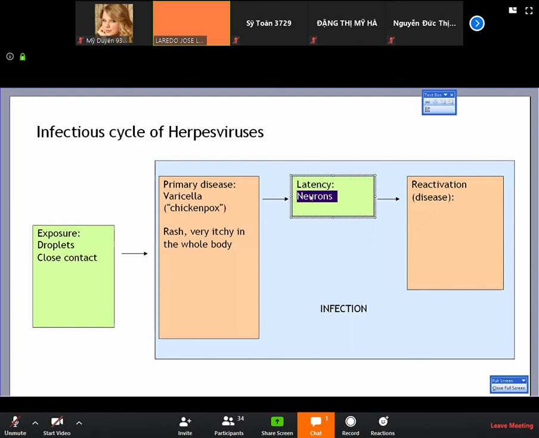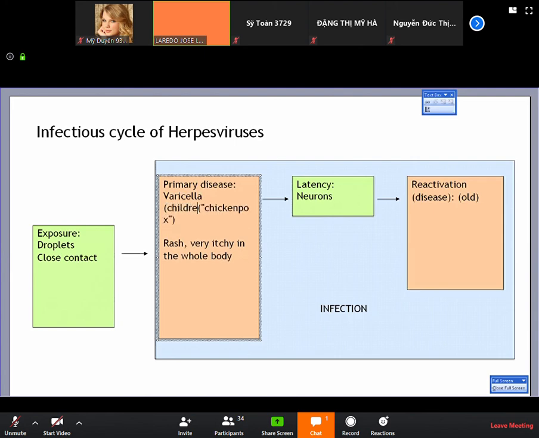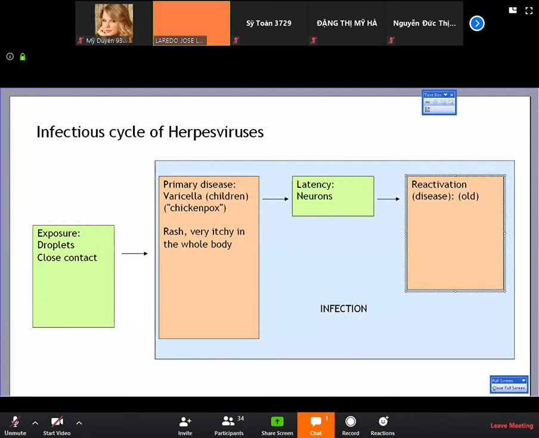The virus goes to the neurons and is latent inside the neurons. And some people, usually old people, because varicella is found in children, by the way, mostly children. So the primary disease is found in children, usually, and the reactivation disease is found in old people. Old people whose immune system is not working properly, they may suffer the reactivation.